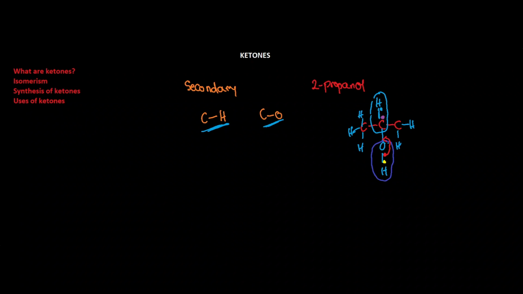Now the electron from the oxygen bonds with the electron from the carbon, and the carbon-oxygen double bond is formed. So we'd have a carbonyl group that looks like this. So this bond is broken and this bond is broken.